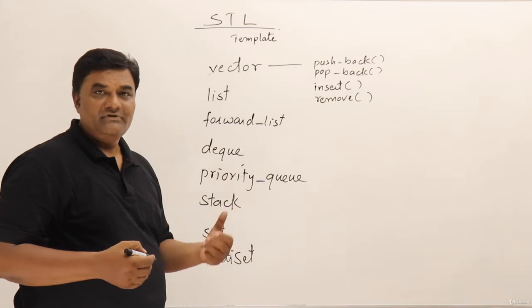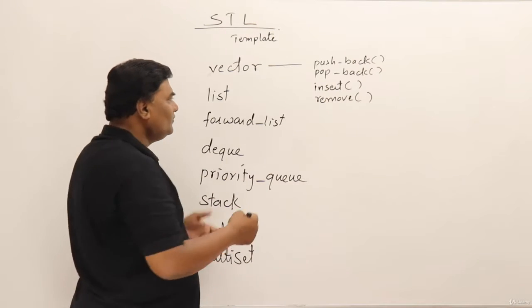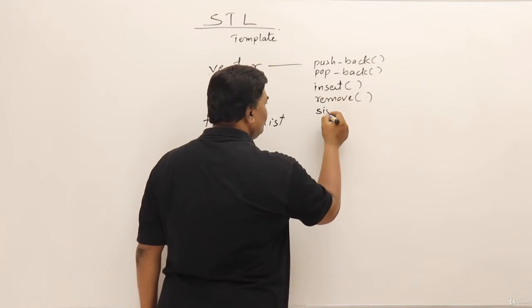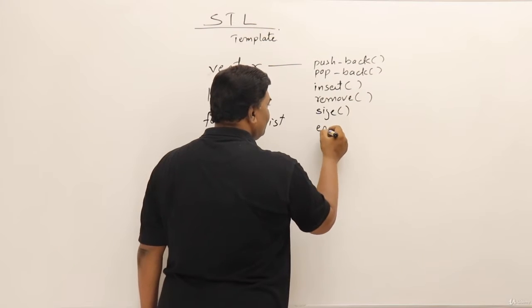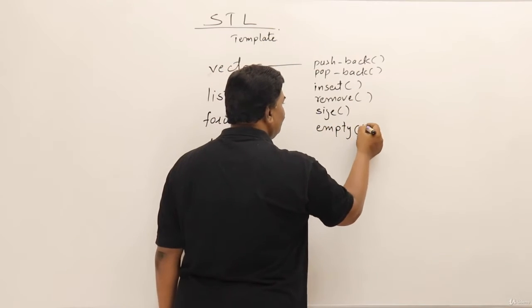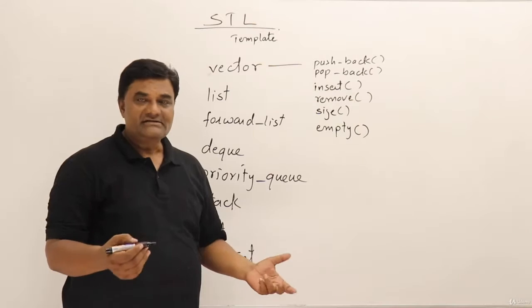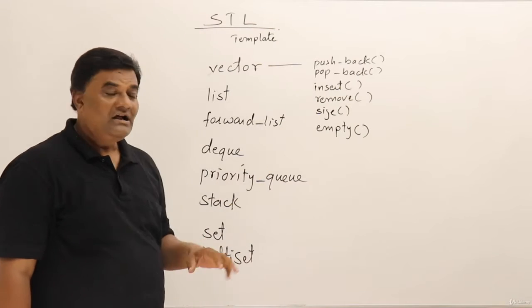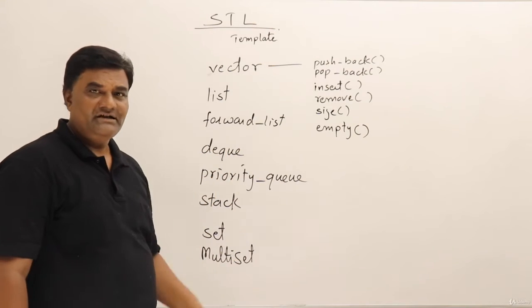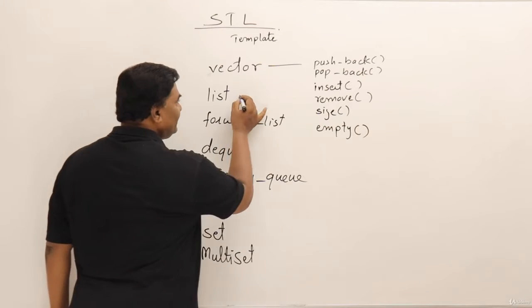So insert or remove an element, right? And you can know the size, and you can know whether it is empty or not. These types of functions are available on this. So this is a vector. I have explained the vector, how to use it and all. I will explain afterward.